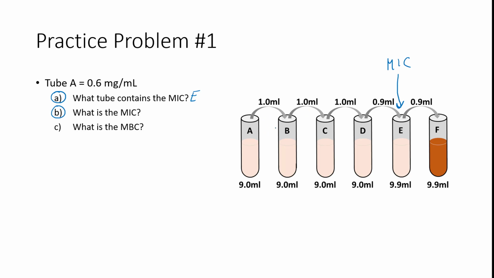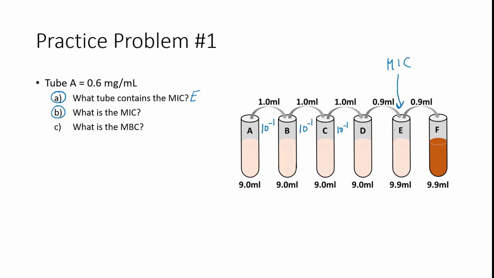From tube A to B, it's a 1 in 10 dilution, so this is 10 to the minus 1. From tube B to tube C, it's also 1 in 10, so that's a 10 to the minus 1 dilution. Also 10 to the minus 1 from tube C to D. And then, of course, attention to detail.